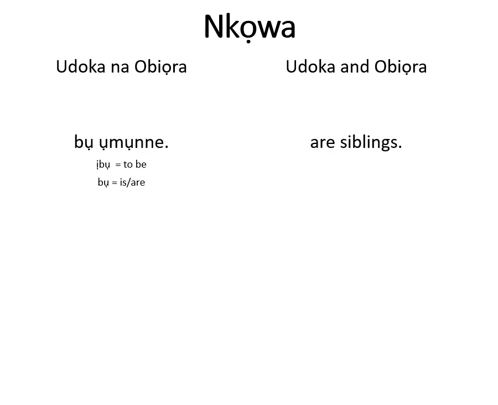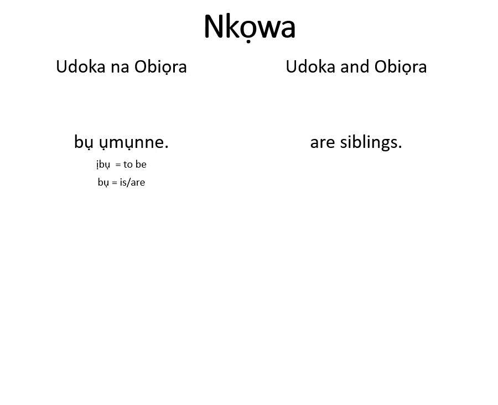Okay, for the nkọwa, the explanation, here's what we have. Udoka na Obiora. It simply means Udoka and Obiora. Those are two Igbo children. Bụ ụmụnne are siblings. Ịbụ, which is to be, changes to is or are, depending on how many people you're talking about or how many things, and so on and so forth.